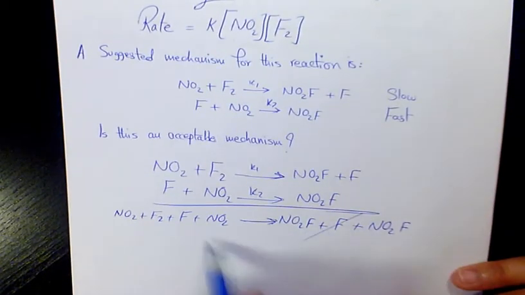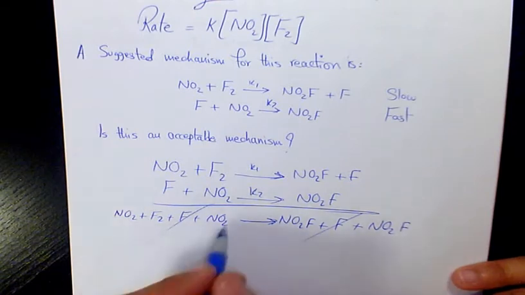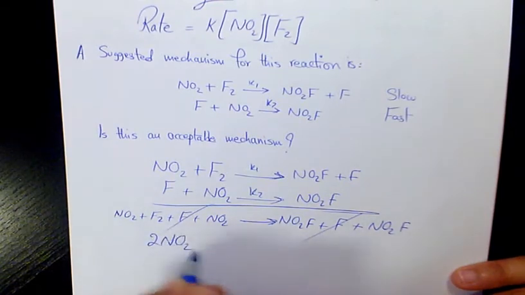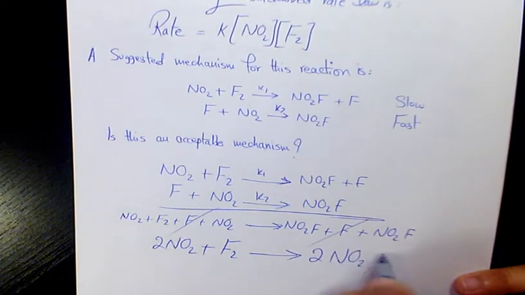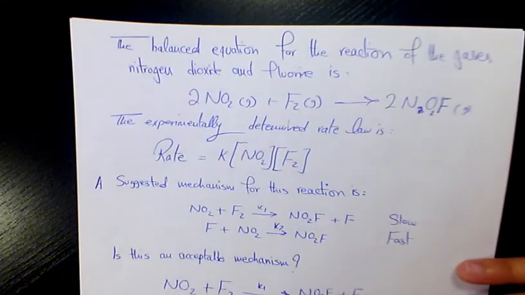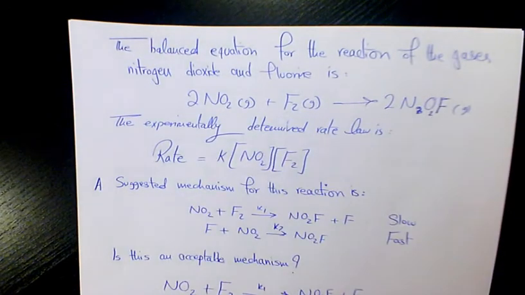So one F and F cancel out. We have 2NO2 plus F2 gives us 2NO2F. Now if you compare it with the overall reaction, that matches 100%.